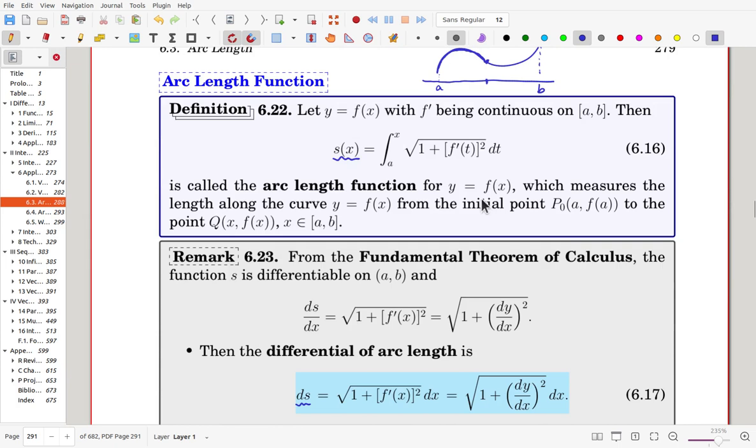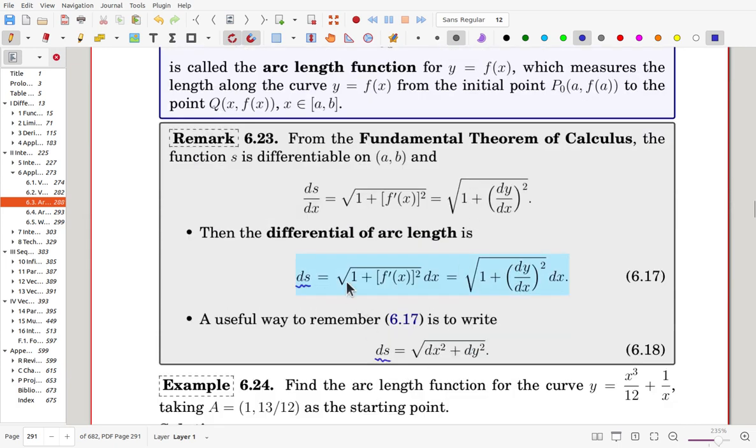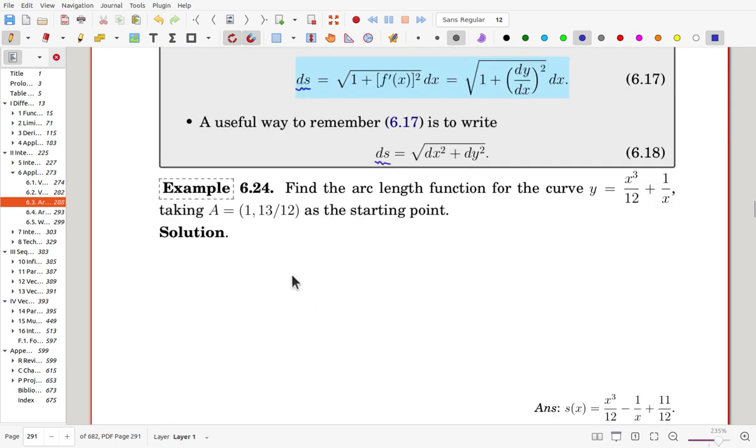Okay, so we define the differential here. Now let's try to solve this problem. Find the arc length function for the curve, taking a as the starting point. Here the curve is defined from 1, so 1 is a.